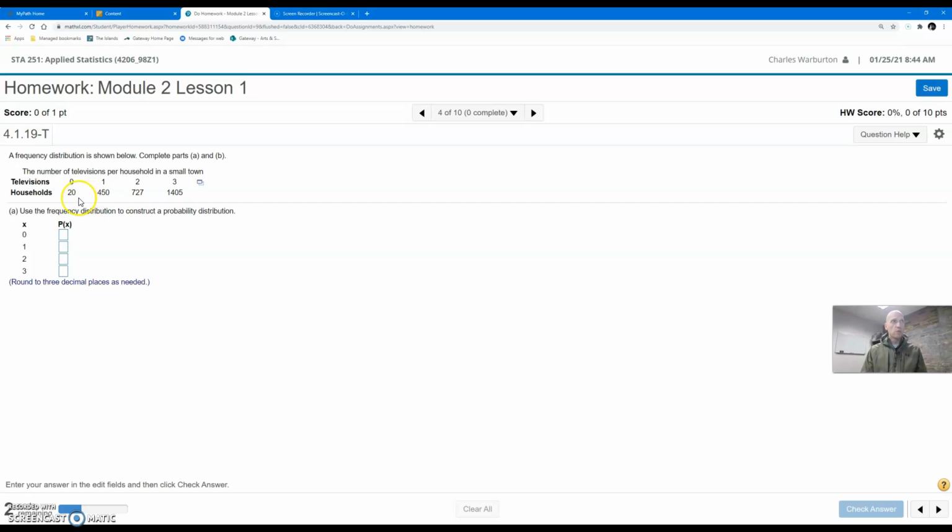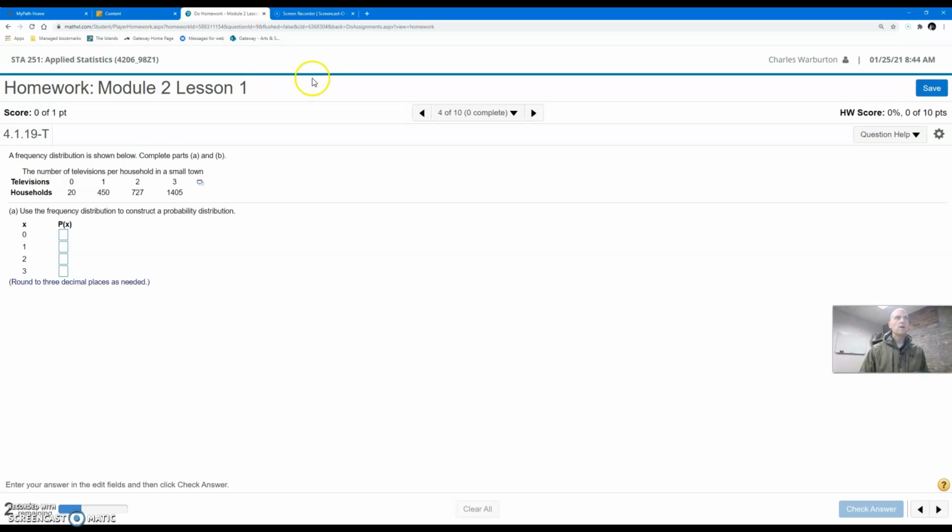So what we've got to do is see how many households there were total. Let's add them up. I'm going to add them up on my calculator: 20 plus 450 plus 727 plus 1,405.